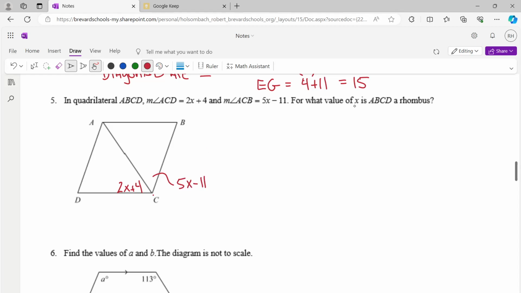For what value of x is ABCD a rhombus? All right, in a rhombus, diagonals bisect opposite angles. So we need a value of x that makes these two angles equal to each other. So we're going to take 2x plus 4 and make it equal to 5x minus 11.